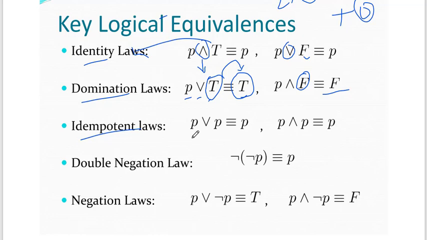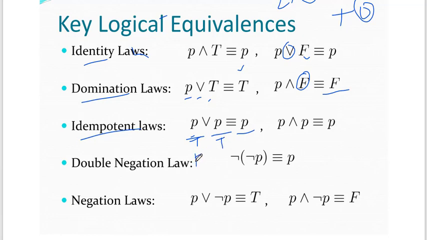what is idempotent? If P and P are the same statement, so P or P will become the same. For example, if P is true, then this will also be true.